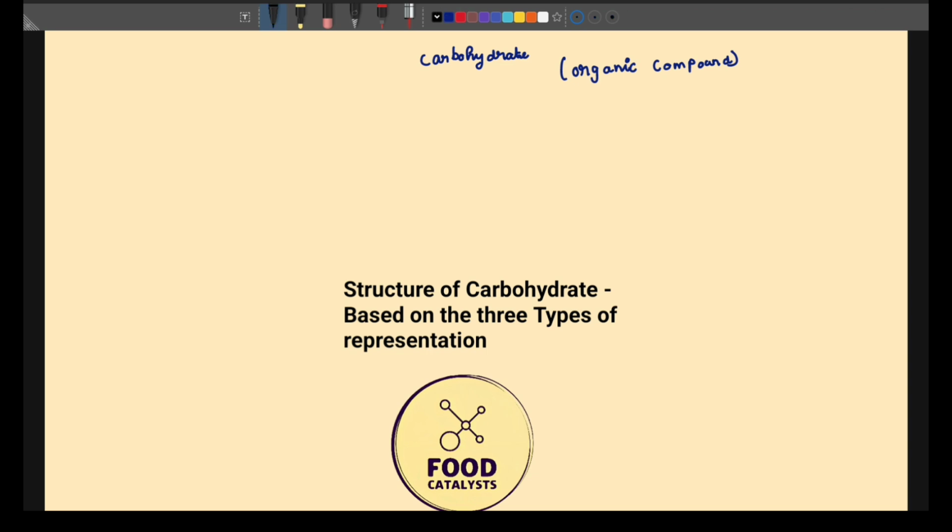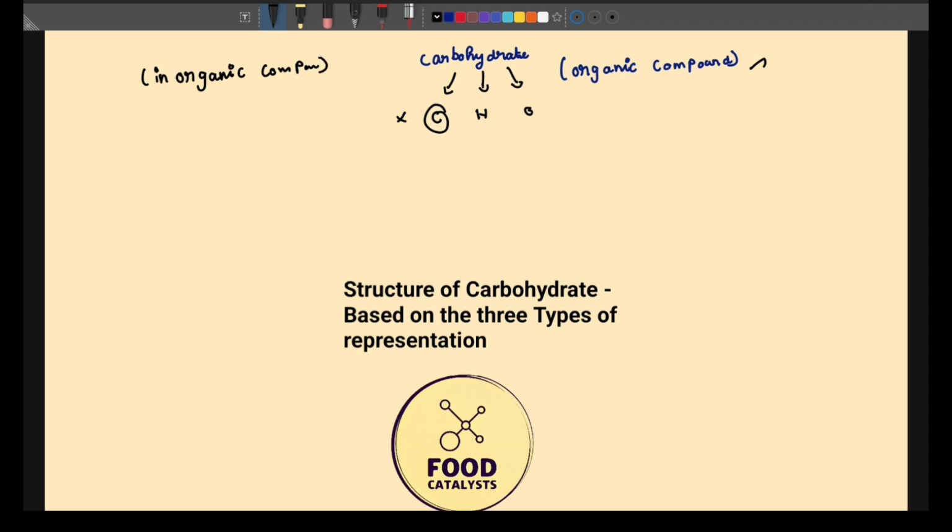For example, in carbohydrate, three main components are present: carbon, hydrogen, and oxygen. Since carbon is present, it's an organic compound. Wherever carbon is present, that compound is called an organic compound. If carbon is not present, it's called an inorganic compound.